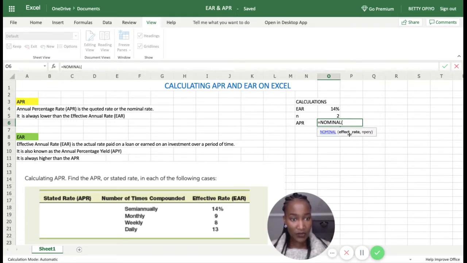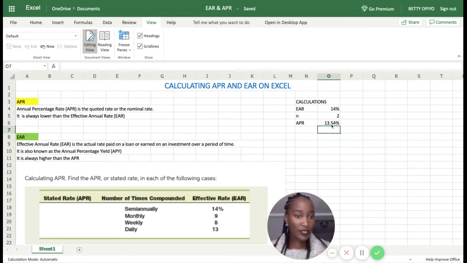So you click on the cell that has the EAR, then a comma, and then N, the number of compounding periods per year, which is 2. Then close the bracket and tap enter, and you get 13.54%. So this is the APR.